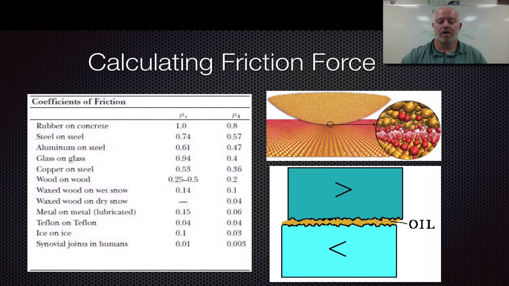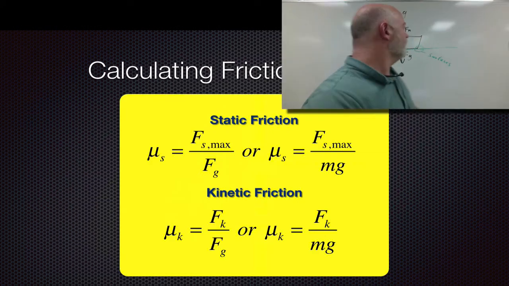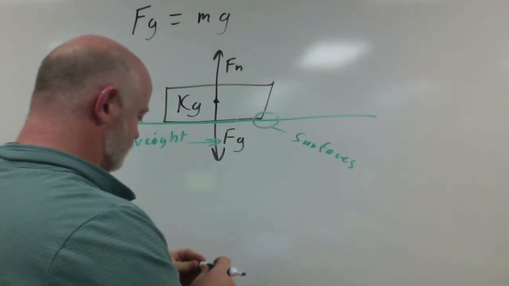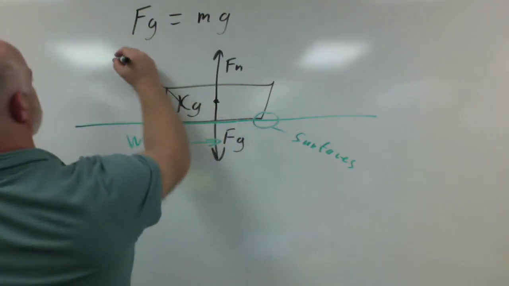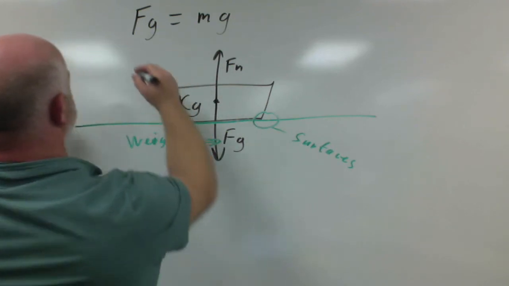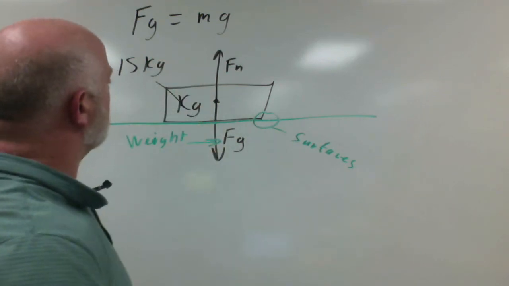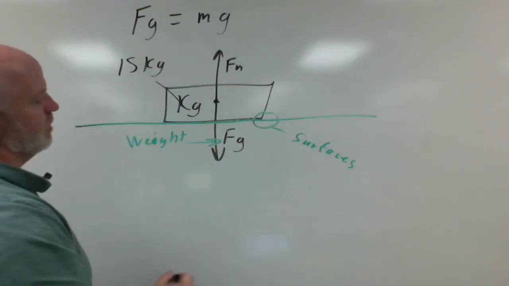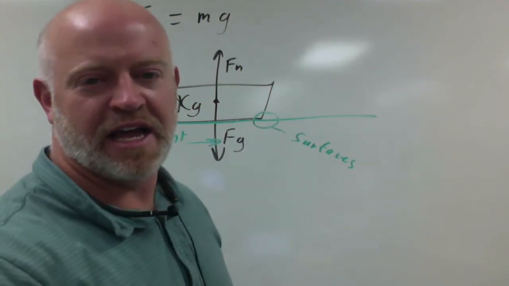Now let's do a little problem and solve for this. Let's say my mass is 15 kilograms, and I have two surfaces. Let's go back to our chart, and say I have steel on steel.